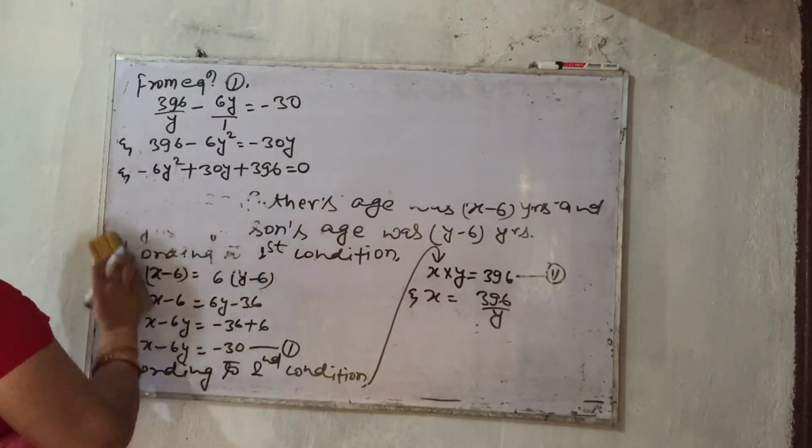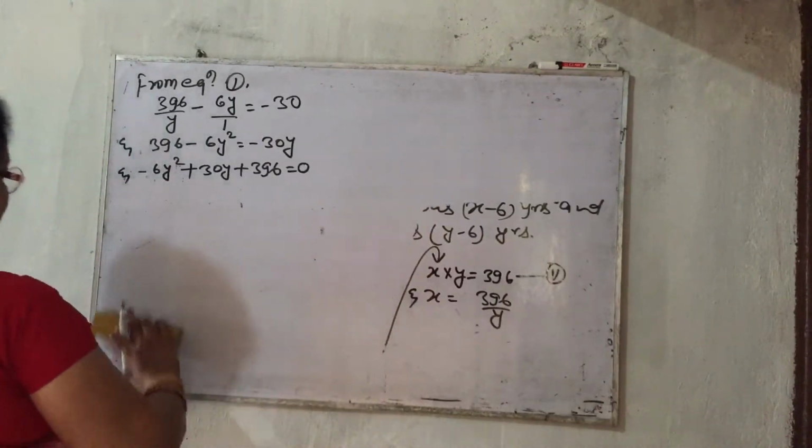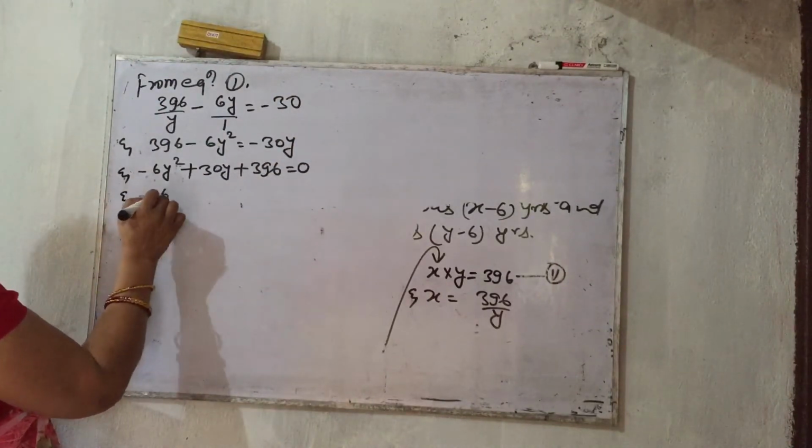I am rubbing this also. There is no space. Now can we take minus 6 common?